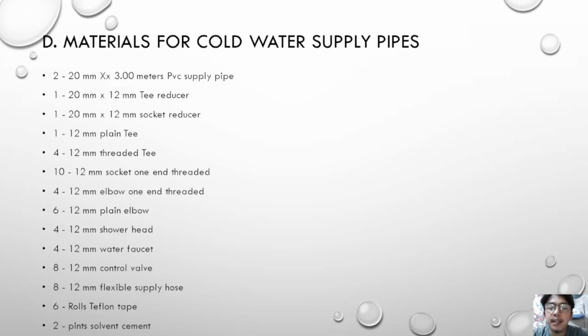So, in a two-story toilet and bath building, ang mga materials na kakailanganin for the cold water supply pipes include 2 PVC supply pipes that are 20 millimeter in diameter and 3 meters long, and a reducer and socket reducer that are both 20 millimeter times 12 millimeter, a plain T that is 12 millimeter in diameter, 4 threaded T's, 10 socket, 1 and threaded pipes, and 4 elbow 1 and threaded pipes, 6 plain elbows, 4 shower heads, and 4 water faucets, and 8 control valves of flexible supply hoses, 6 rolls of Teflon tape, and 2 pints of solvent cement.